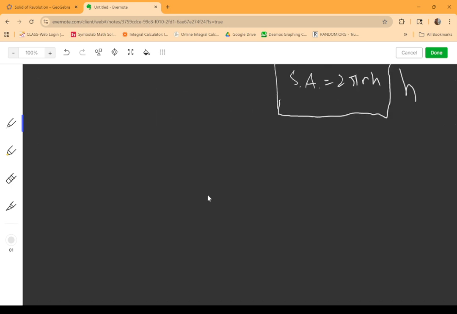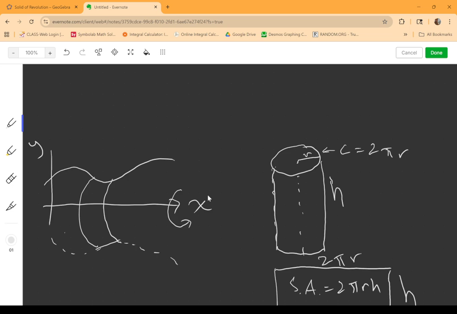Now, we're not really going to be dealing with cylinders unless we have just a straight horizontal line. What we're going to be dealing with, if you can imagine, is not quite a pyramid, but it looks like a pyramid with part of the top cut off, sometimes called a frustum, where you think of a pyramid but chop off the top part of it.